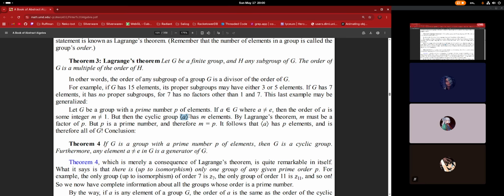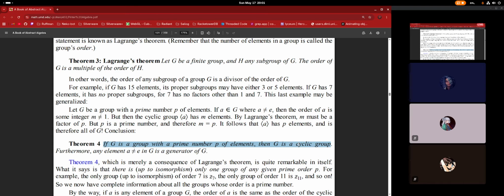Okay. So theorem 4: if G is a group with a prime number p of elements, then G is a cyclic group. Like wild stuff, right? Just by how many elements the group has, you can already say there's a cycle in there. Wild, no?